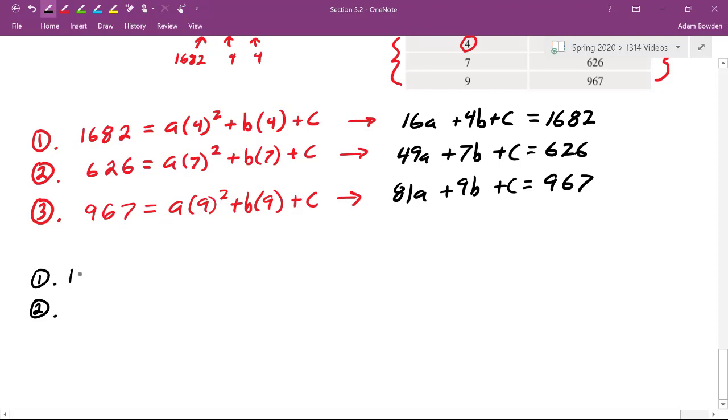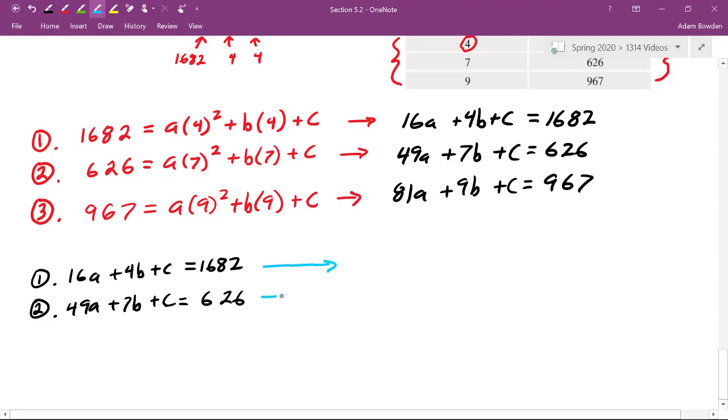So we have here equation 1, and can we see the easiest thing to cancel out here? What would be the easiest variable to cancel out? Well, c looks like a pretty good idea to try to work with since it's just a c.